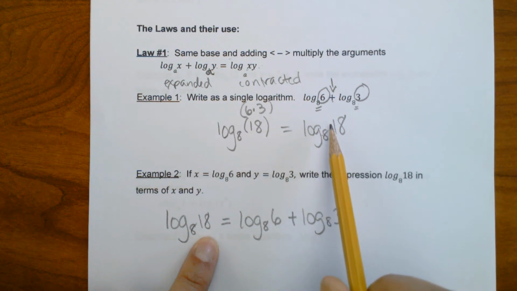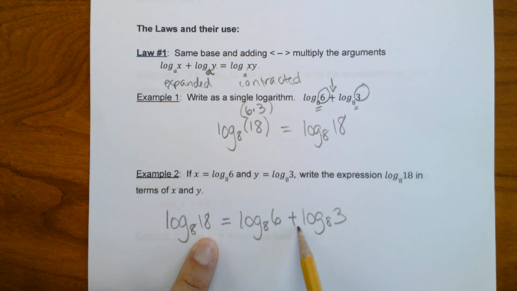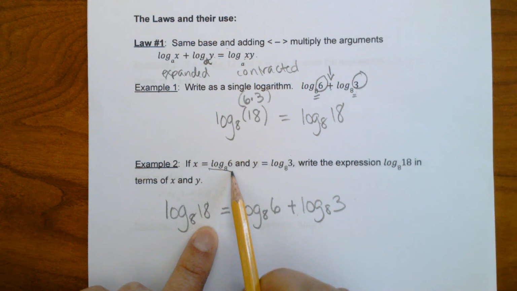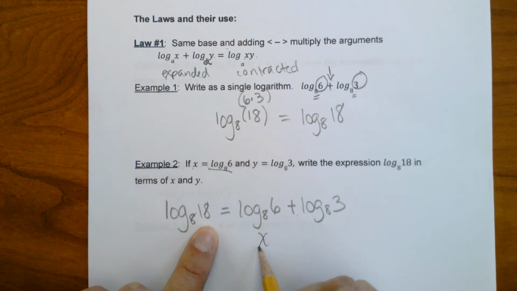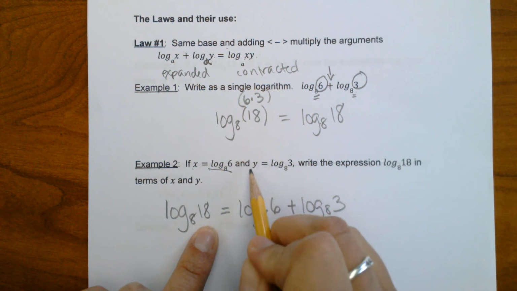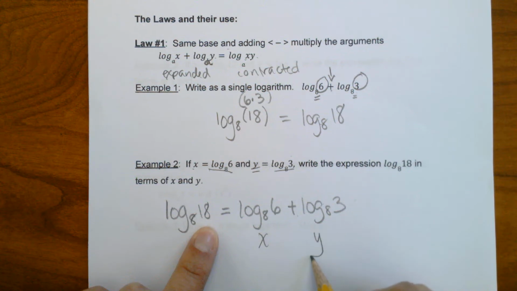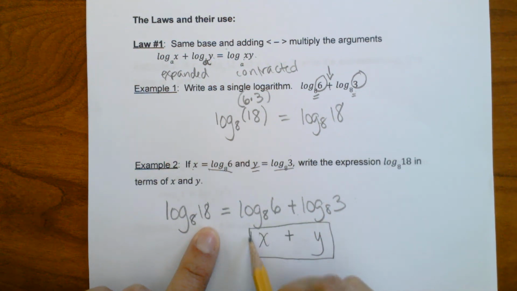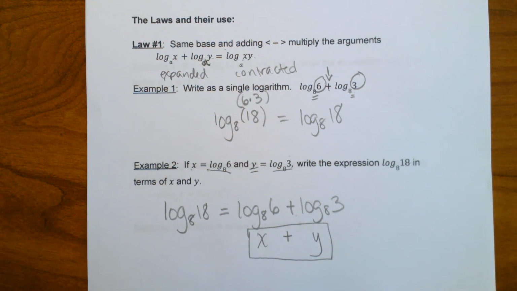We are now going from a contracted version to an expanded version. Now, log base 8 of 6 is x, and log base 8 of 3 is y, and we added them together. So our answer is just going to be x plus y. That's how we write it in terms of x and y.